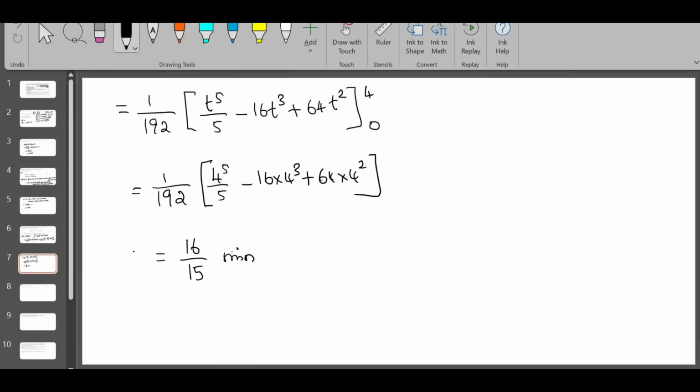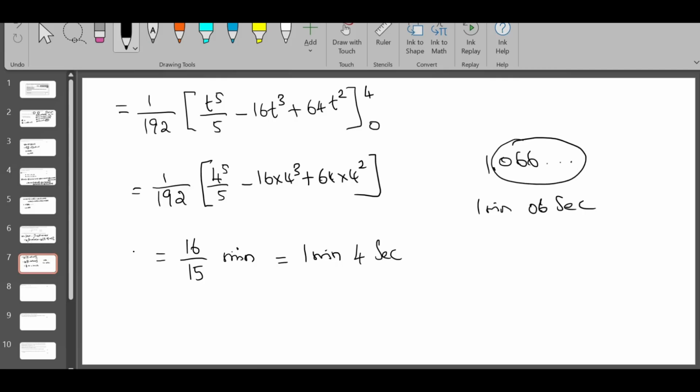So the answer is 1 minute, 4 seconds. Don't write 1.0666 as 1 minute 06 seconds. That's wrong. This is 0.666 minutes, so you need to change it to seconds by multiplying by 60.